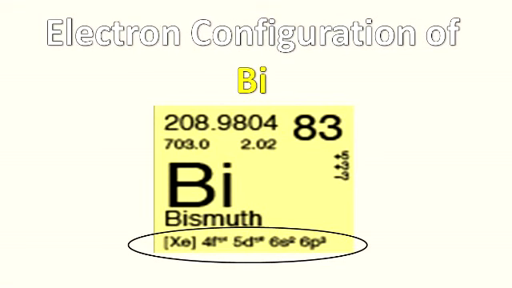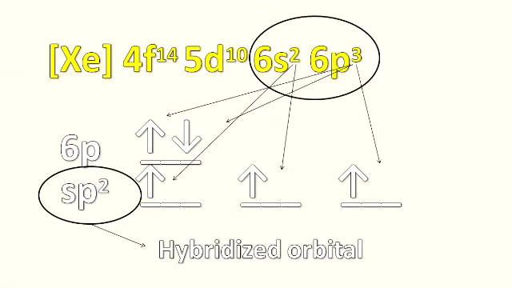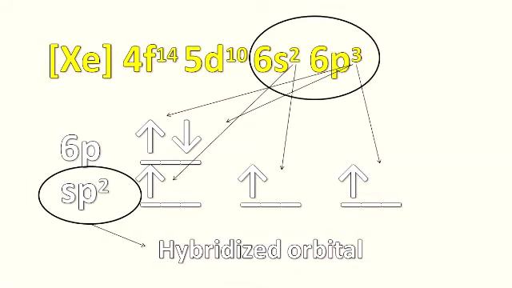Now for the last part, we have the hybridized orbital. The hybridized orbital is based on the electron configuration of bismuth. The electronic configuration of bismuth is xenon 4f14 5d10 6s2 6p3. Based on its outer shell, the 6s and 6p are the outer shells.